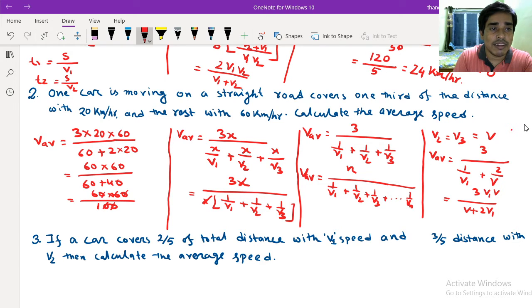This will cancel out, so this will be 36 km per hour. This is the average speed of the car.